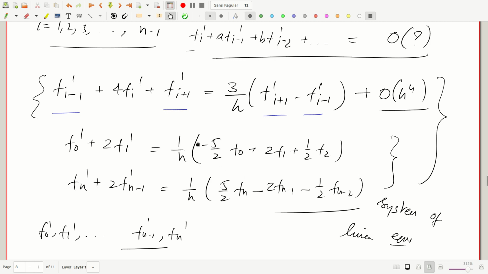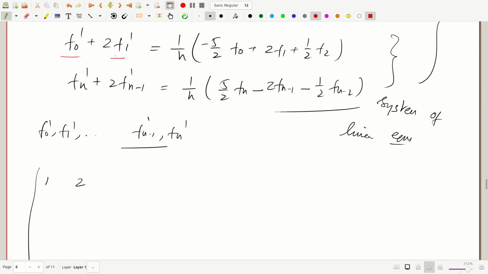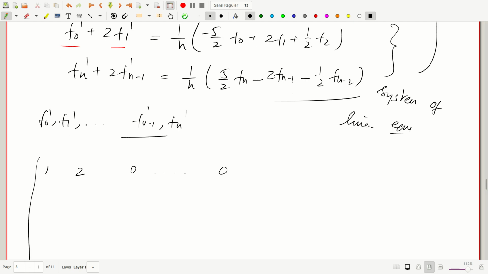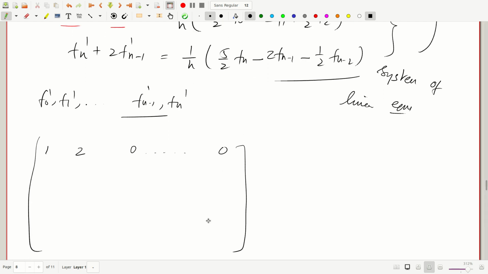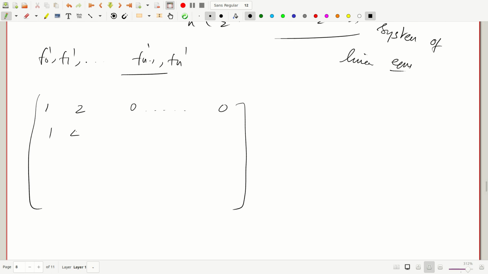Now if I arrange this system in matrix form, you would get 1, 2 coming from these coefficients, and then 0 all the way to 0. For the interior points you would have 1, 4, 1, and that 1, 4, 1 keeps shifting along the rows.